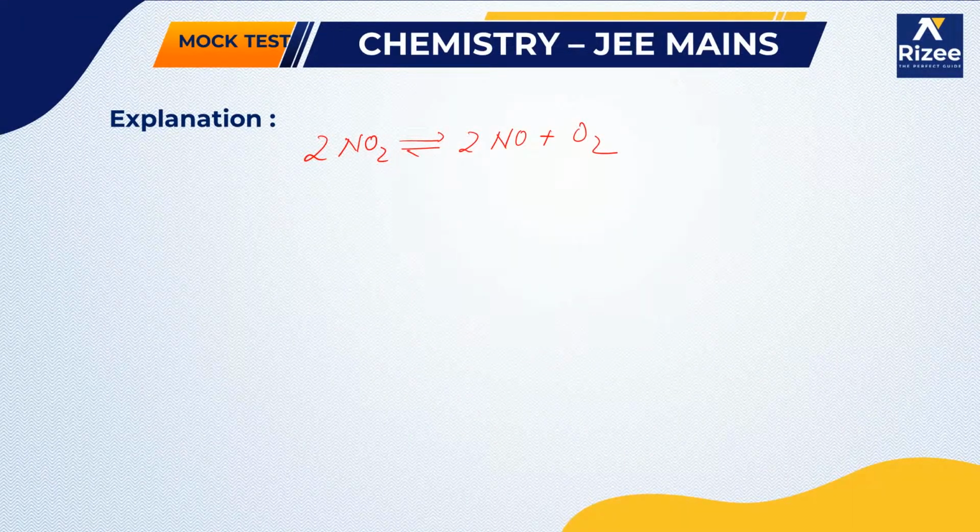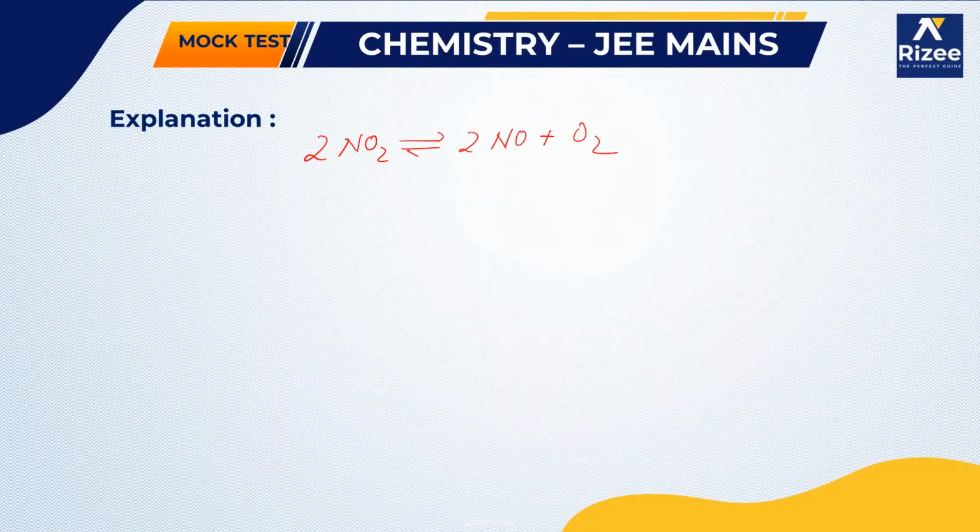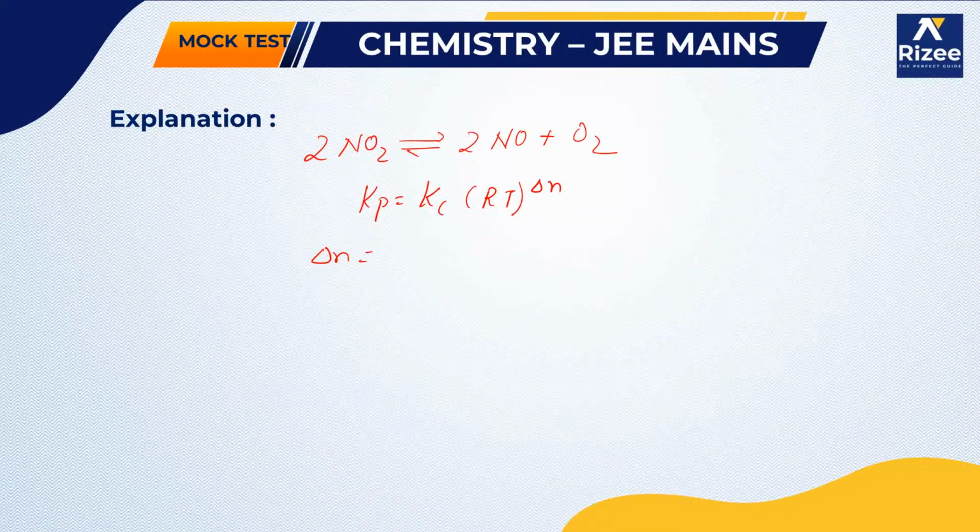So we know that Kp is equal to Kc into RT to the power of delta n, where delta n is nothing but the stoichiometric coefficient of products minus the stoichiometric coefficient of reactants.